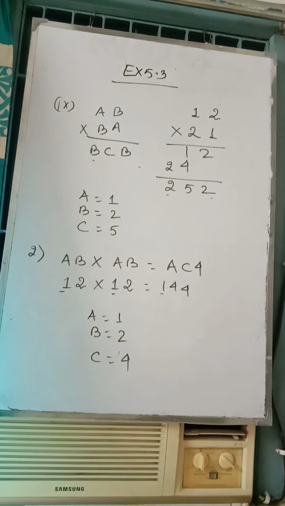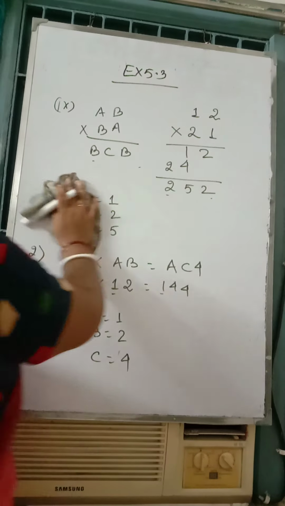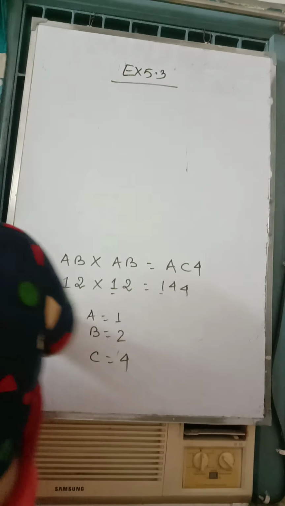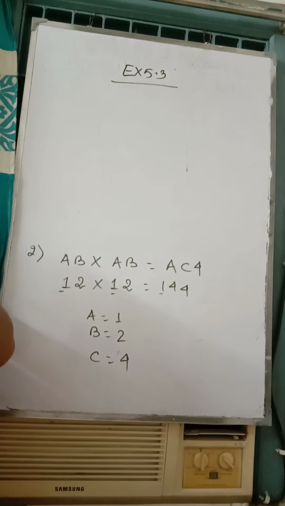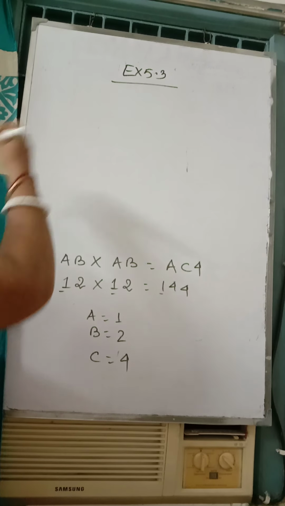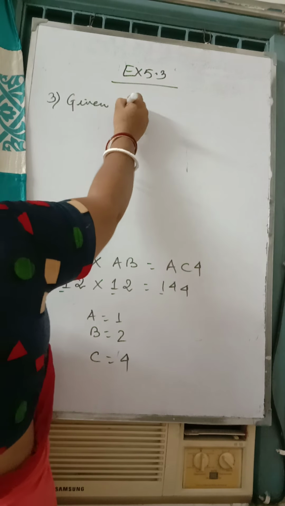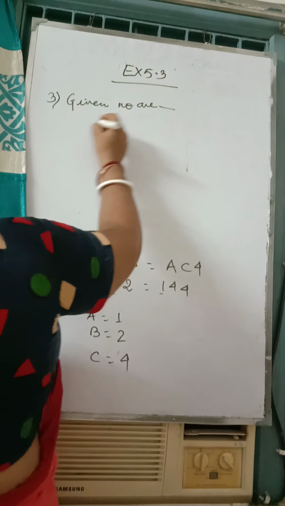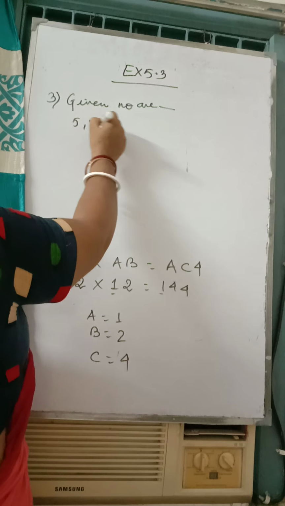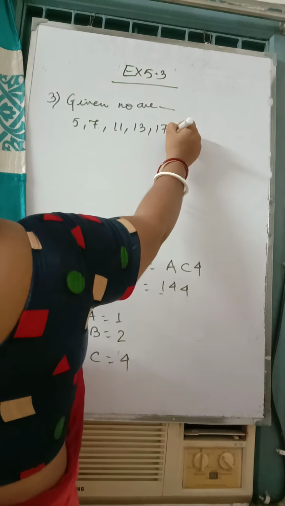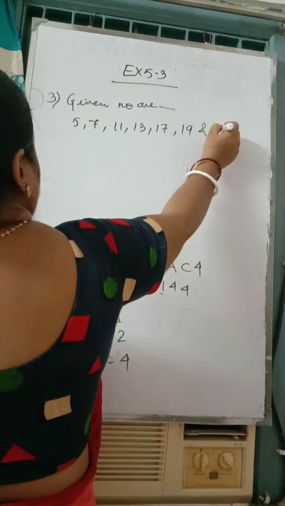Given numbers are 5, 7, 11, 13, 17, 19 and 23.